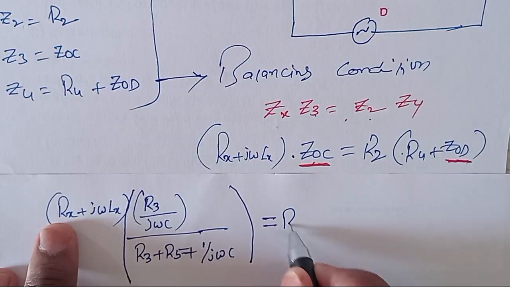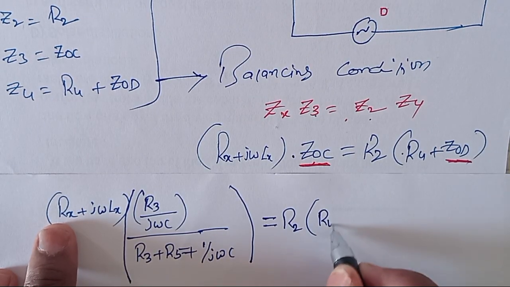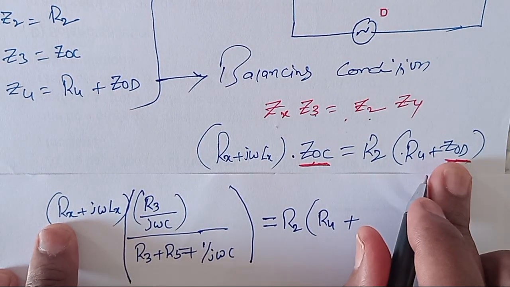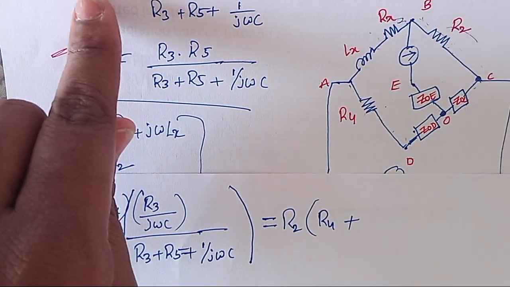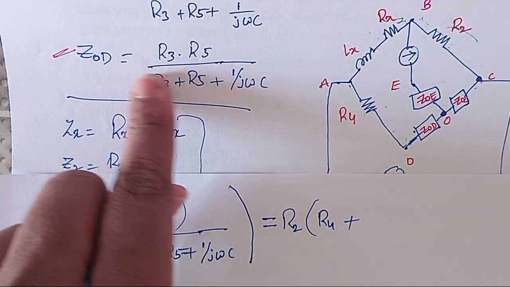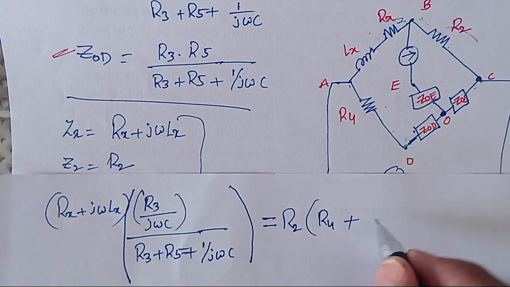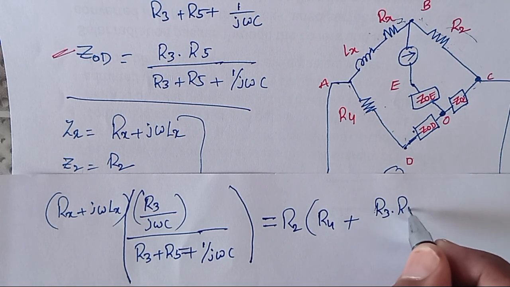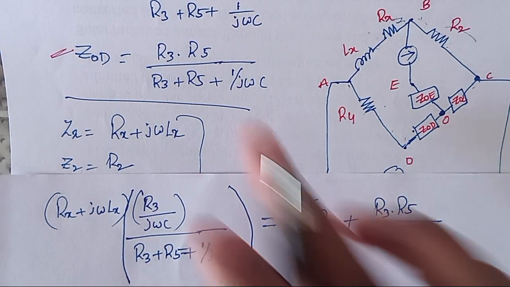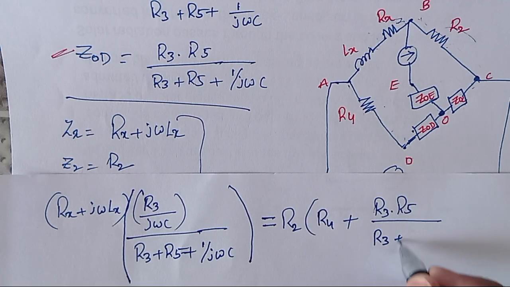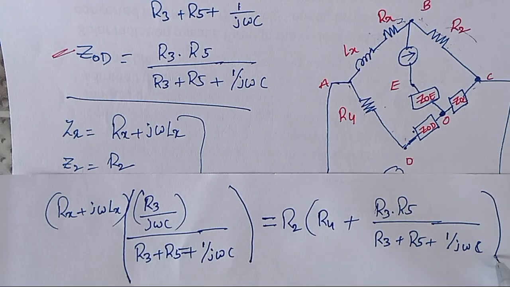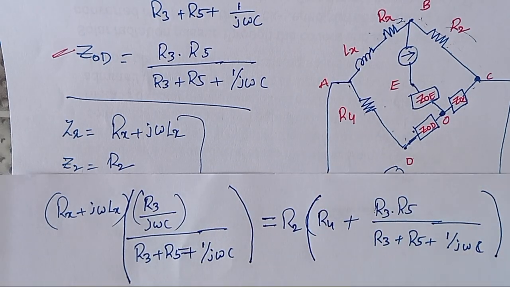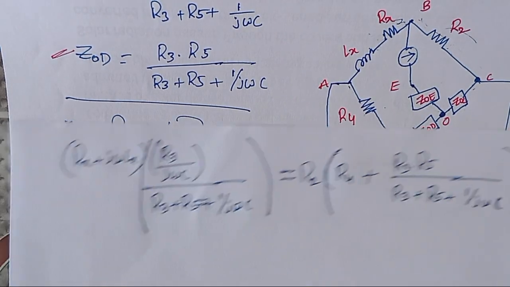So R2 into R4 plus ZOD. ZOD means this much. This is ZOD. So R3 into R5 by R3 plus R5 plus 1 by j omega C. It is the expression. Now we have to simplify this.